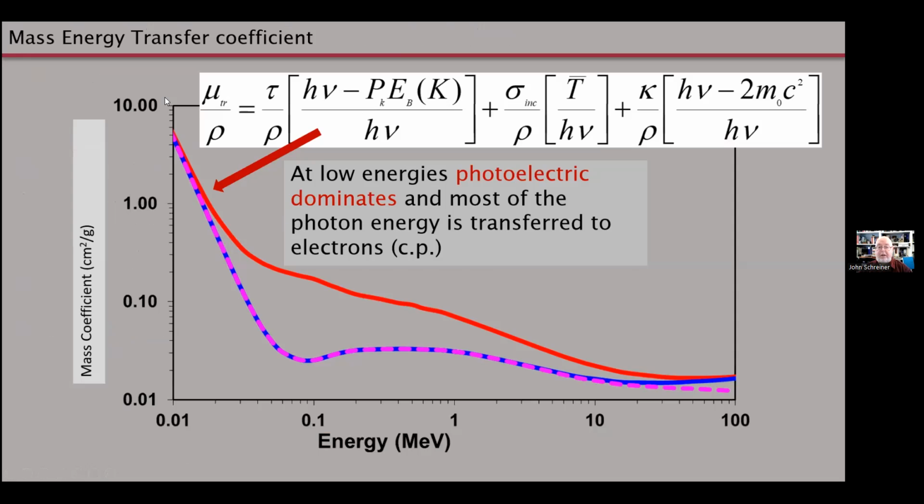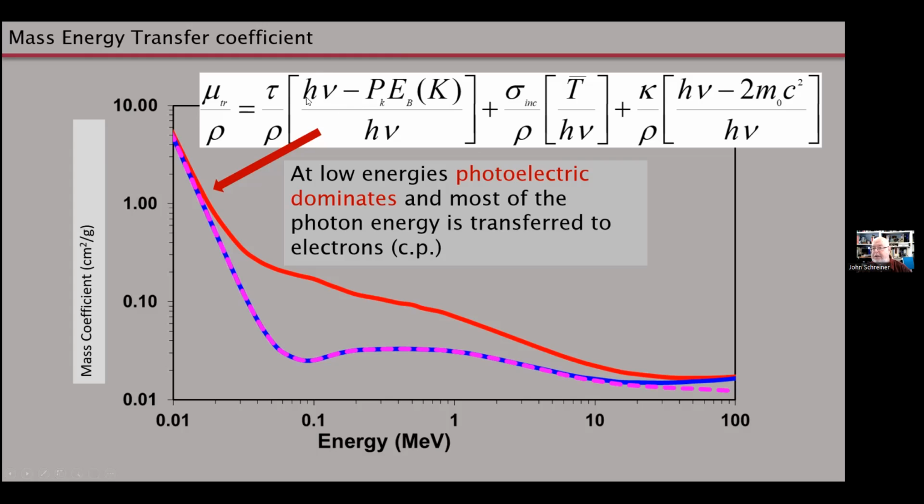And in fact, one can calculate what the dose from a photon beam will look like by looking at what is the probability of these different interactions happening: photoelectric effect, Compton scattering, pair production, and looking at the energy that goes from the photon beam.